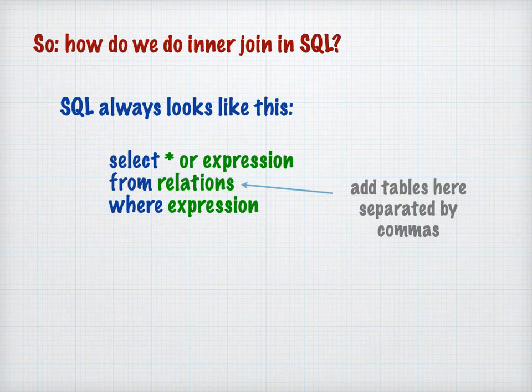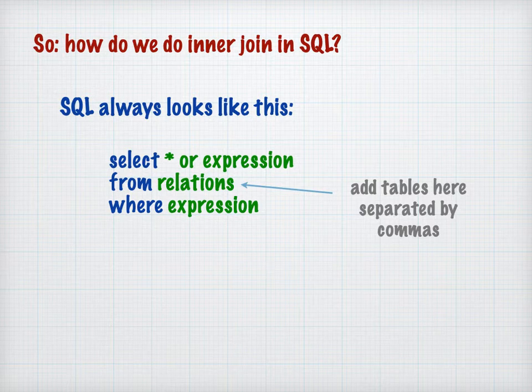Well, we know that our SQL looks like this: select from where. And what we've done so far is, if you look at the middle term from, we've only ever used one relation, one table there. Well, in exactly the same way that we can have multiple columns on the first line separated by commas, we can actually have multiple values on the from line, multiple tables separated by commas.